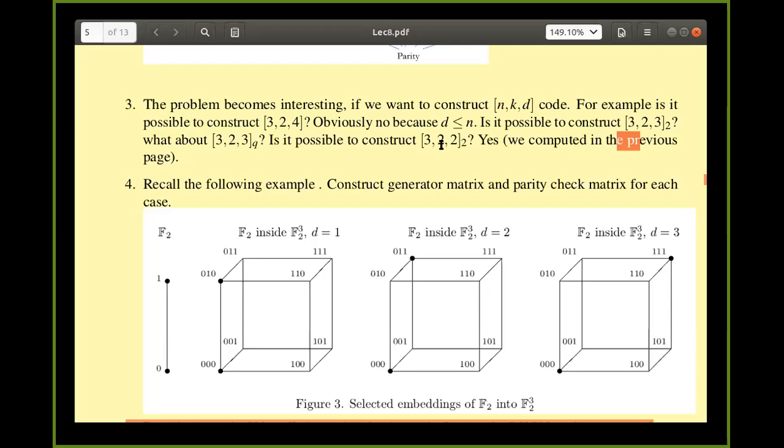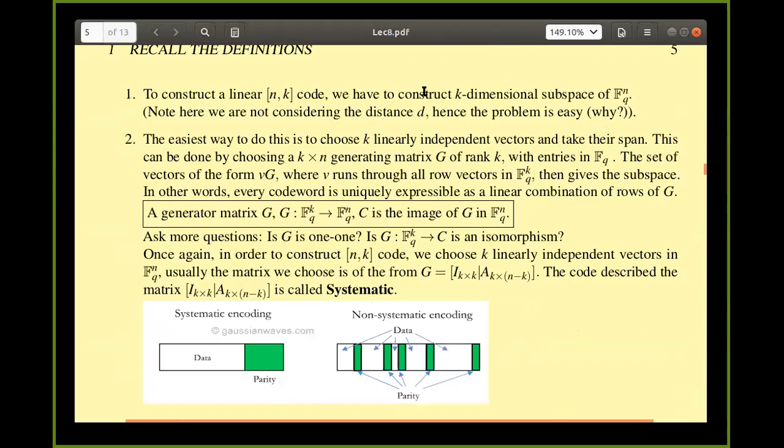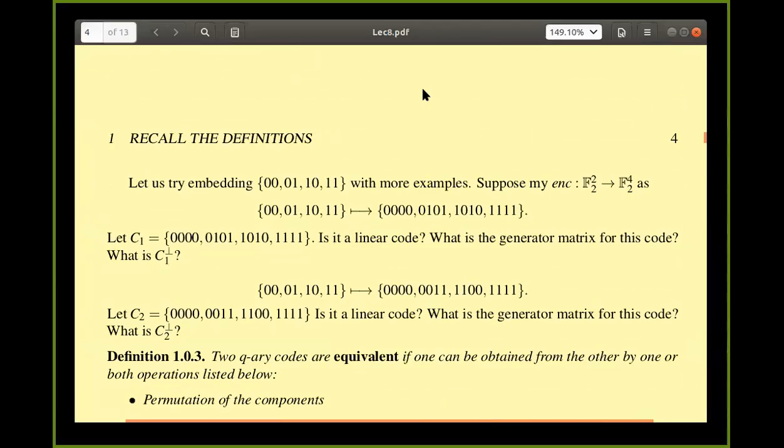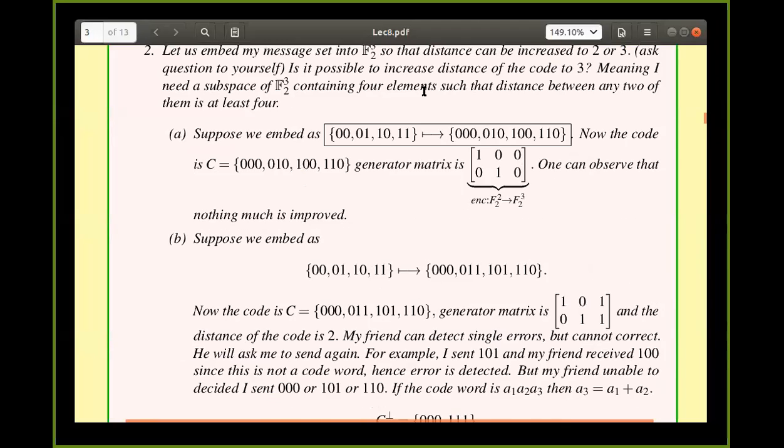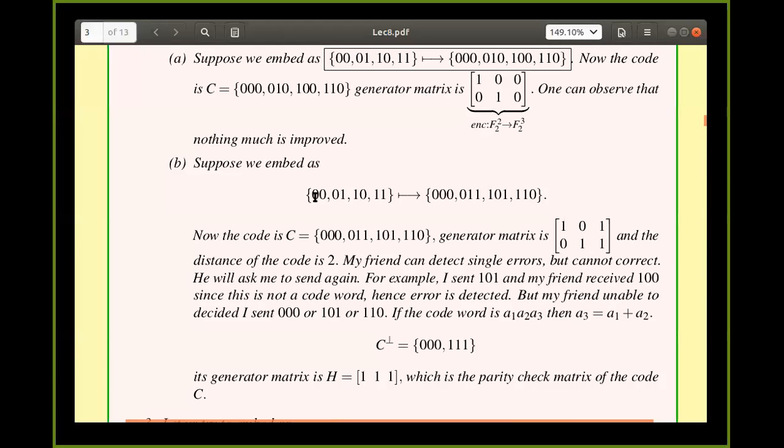I mapped F2 power 2 to F2 power 3 with distance 2. Do you remember that? Forgot, okay. We have the parity check, right? I thought that you were here. Okay, see, you remember here I put everything. So this one, you see that?